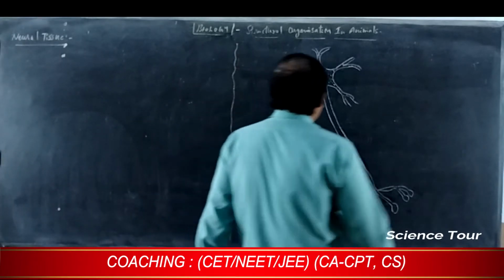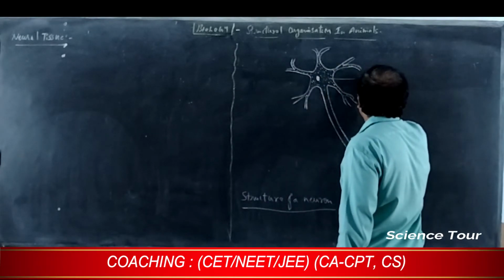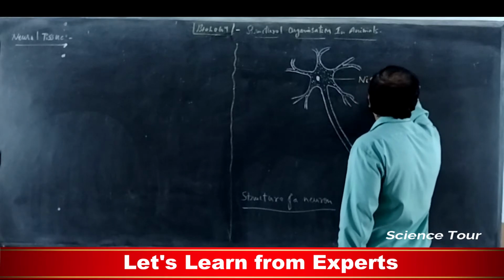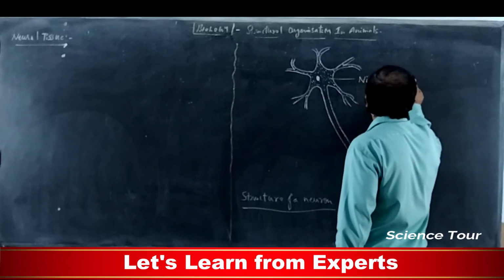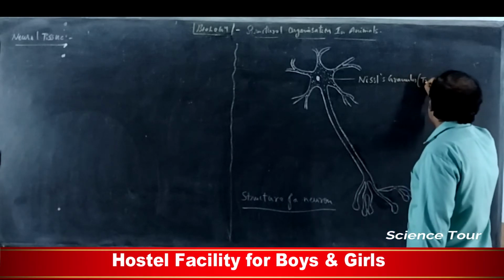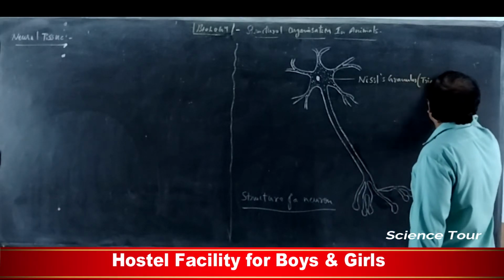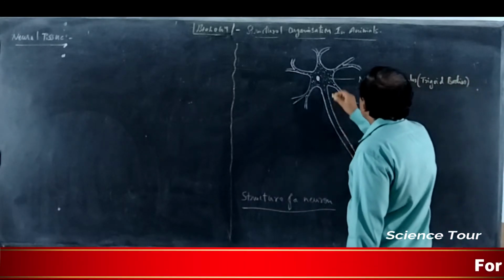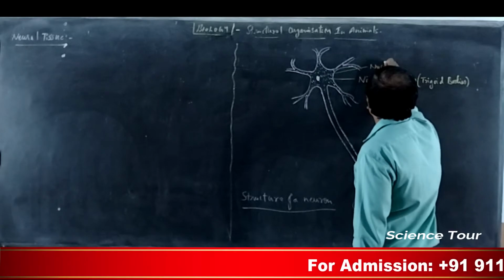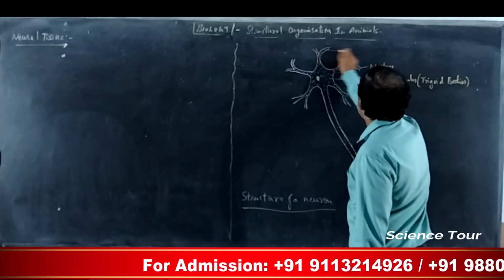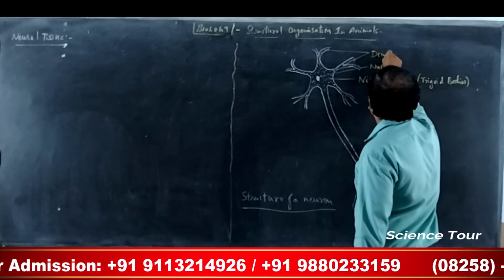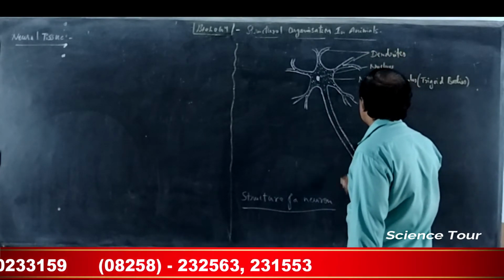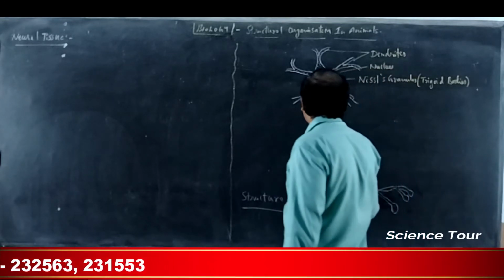Label this as Nissl's granules, also called tigroid bodies. Typical nucleus. These are the dendrites. Dendrites plural and dendron singular.